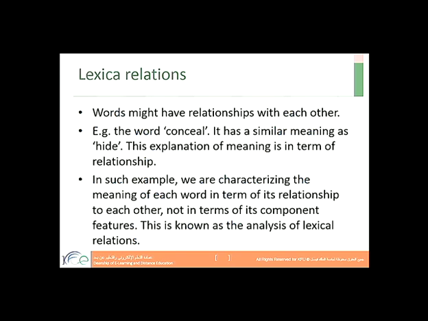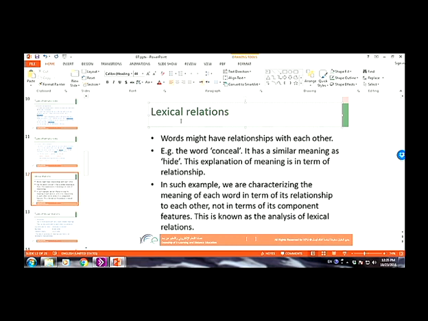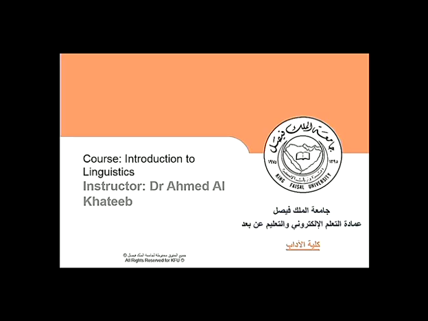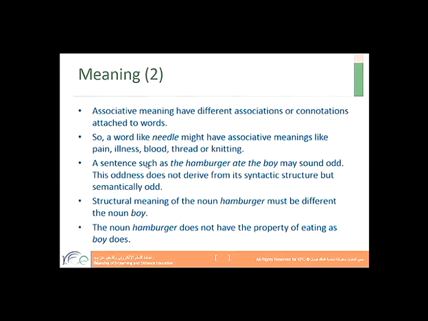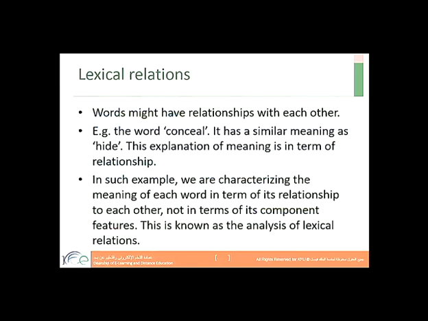Now we move to lexical relations. So what do we mean by lexical relations? Words might have relationships with each other. For example, the word conceal has a similar meaning to hide.